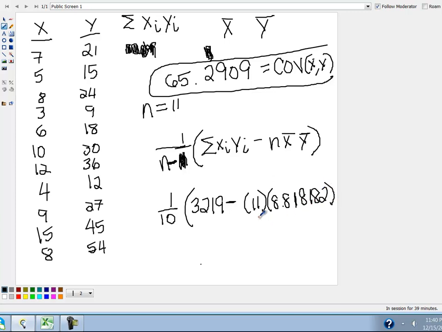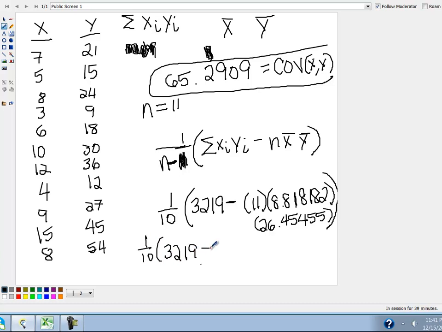And I'm also going to multiply that by the mean of y, and I got another long number, which is 26.454555. So I'm sorry I won't be able to fit all of this on here. So let's go ahead and just calculate out the multiplication first. The 11 times the mean of x times the mean of y. And once again, like I said, do not round your numbers.